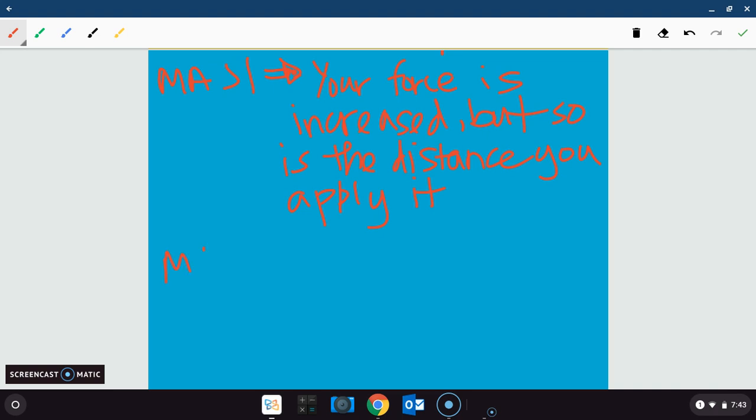If your mechanical advantage is less than 1, the exact opposite is true. Your distance is increased. Your force is decreased.